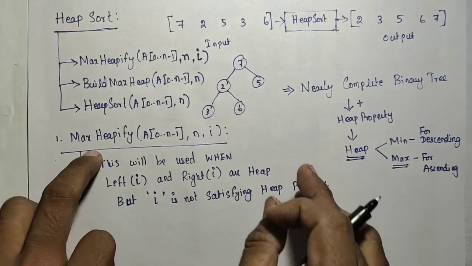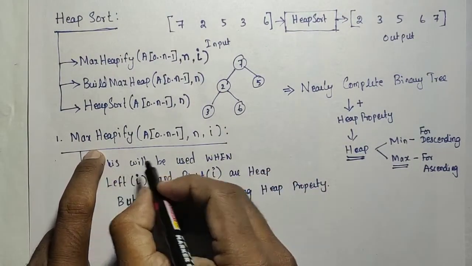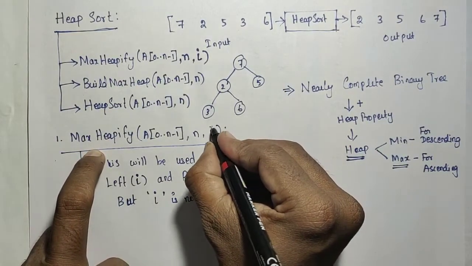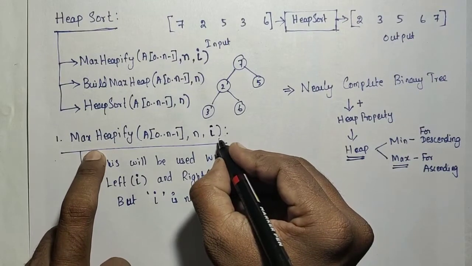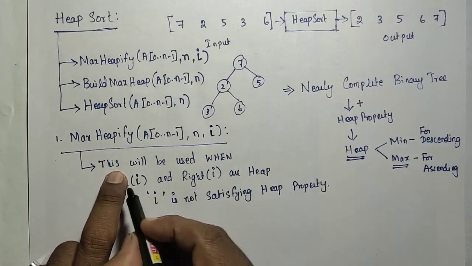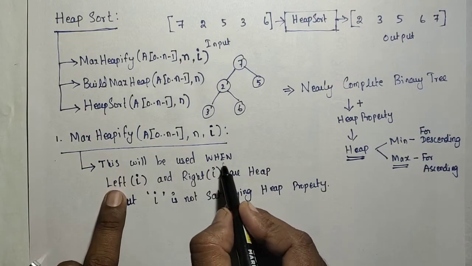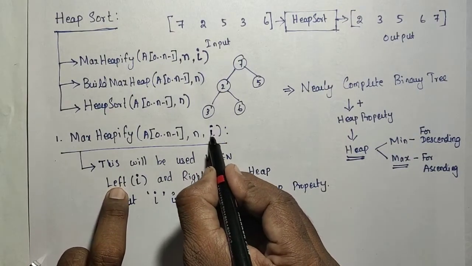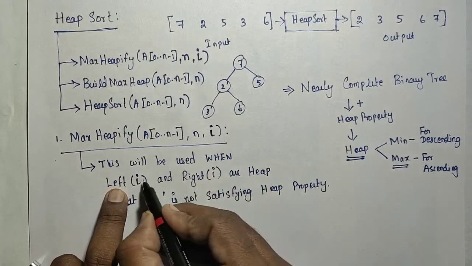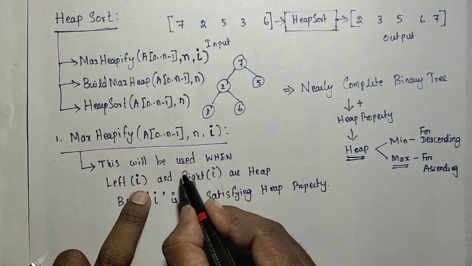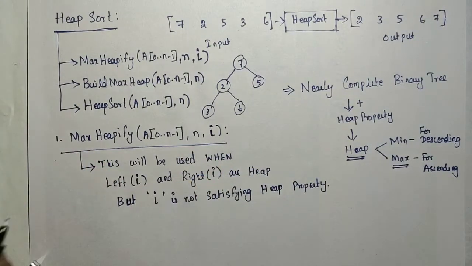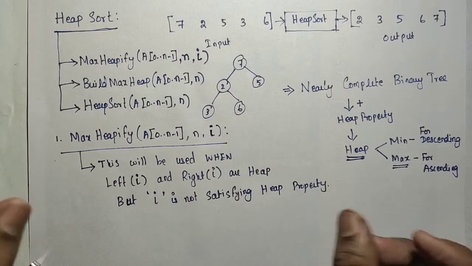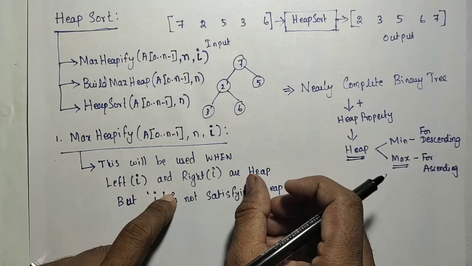First we will discuss max heapify. This algorithm, when can we use it? When we call it with A as input and I as another input, it is used when I is an index, and the left of the ith node is a left subtree and the right of the ith node is a right subtree. The left subtree and right subtree of that ith node are already a heap.